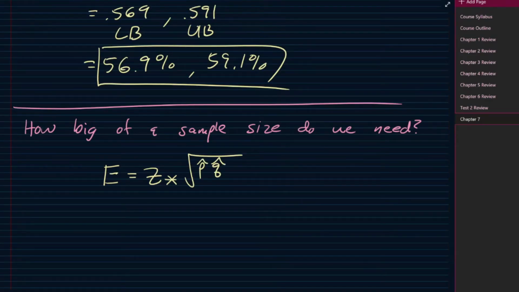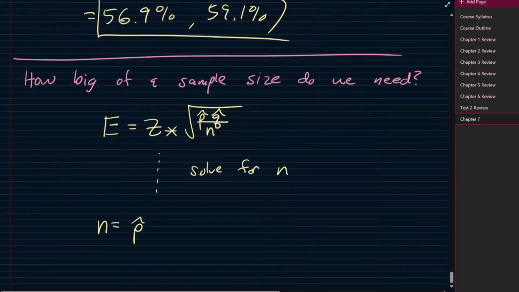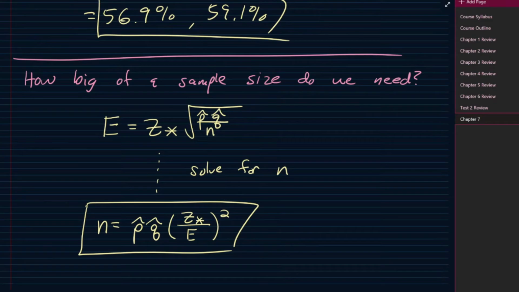And so if we solve for n, we end up getting that n is p hat q hat times z star over e, in parentheses, squared. And so this is the formula that we would need to figure out how big of a sample size we need in order for an accurate estimation. And again, then you round up. Always round up to the nearest n, because very often this is going to be a decimal, but you have to round up to the nearest n.